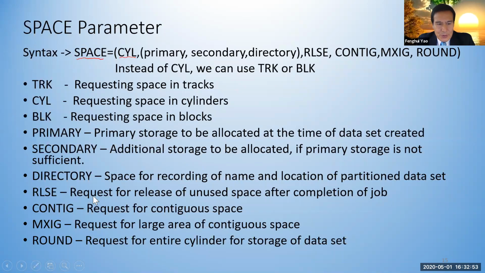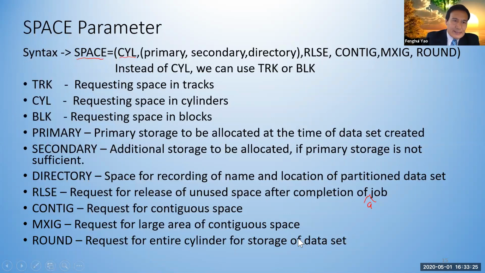RLSE: request for release of unused space after completion of a job. CONTIG: request for contiguous space. MXIG: request for the largest area of contiguous space. ROUND: request for entire cylinders for storage of the dataset.